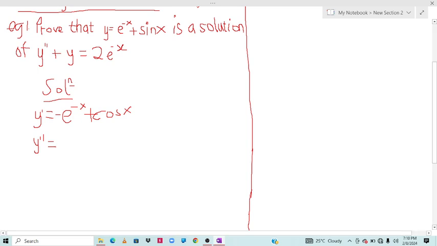Because we already have a negative in front of the e exponent negative x, and if we differentiate e exponent negative x, as I said earlier on, we are going to get negative e exponent negative x. So the negative is going to nullify the negative already in front of the function, which is going to make it what? Positive. Right, so now we are going to get e exponent negative x. Now if we differentiate cos x, we are going to get negative sine x.